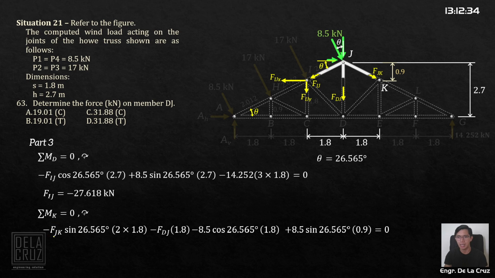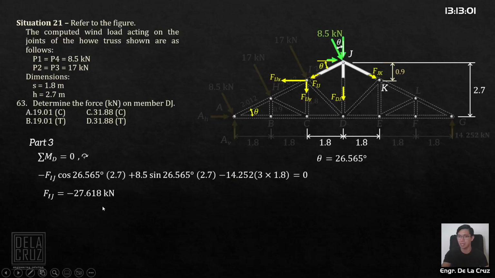Take note, yung ating FGK, that's FIJ pala, sorry. This must be FIJ, hindi siya FJK. That is IJ.